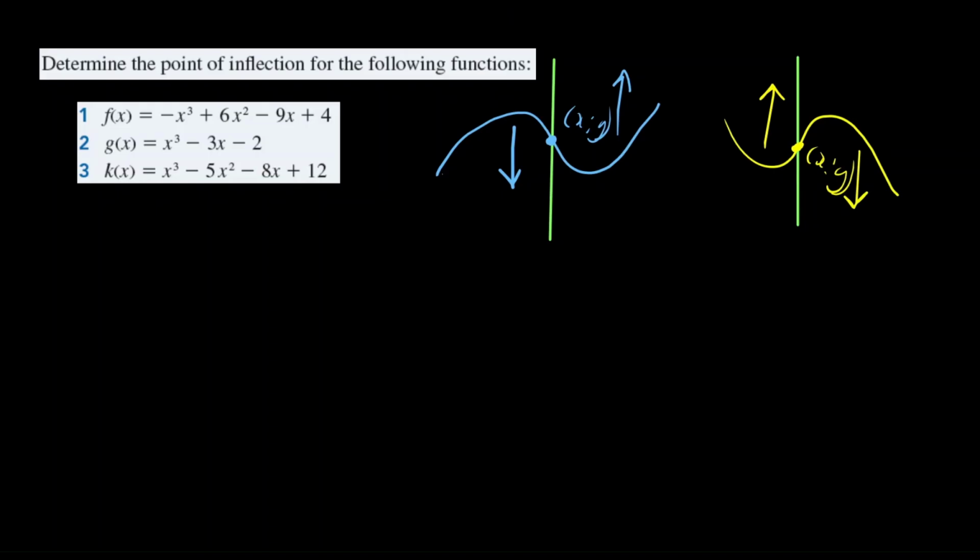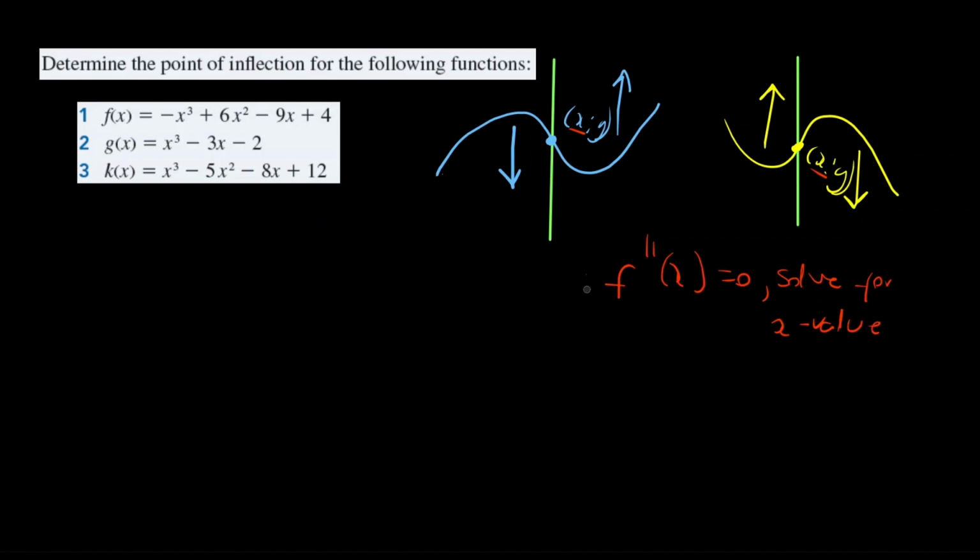So to calculate the point of inflection, the most important thing is to first determine the x value of the point of inflection, and we determine that by finding, I'll use the graph of f as a reference, the second derivative of the function, and then we solve for the x value.